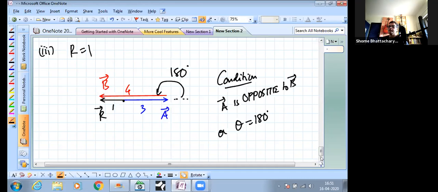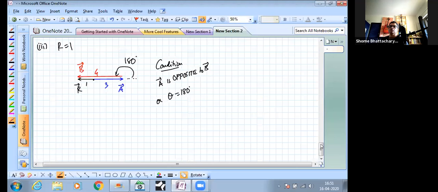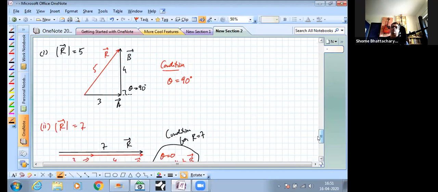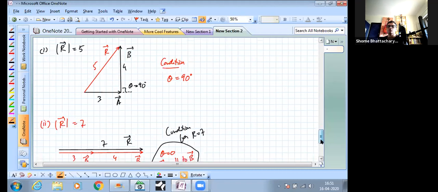Now we look at another way of solving the same thing. I'll just leave you with a moment first for these things. So these were the vector diagrams, you can see, or the geometrical method of solving the first and second part.